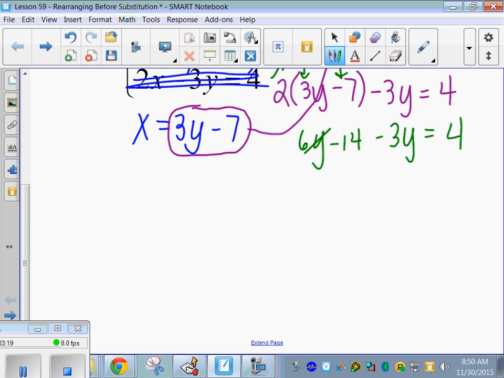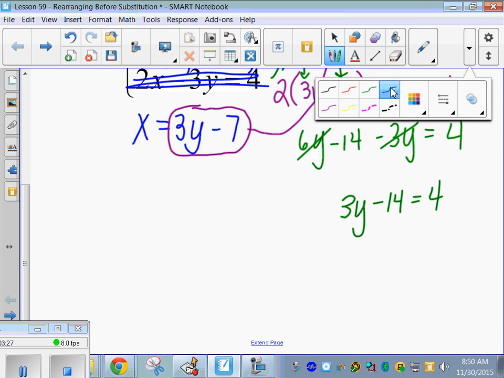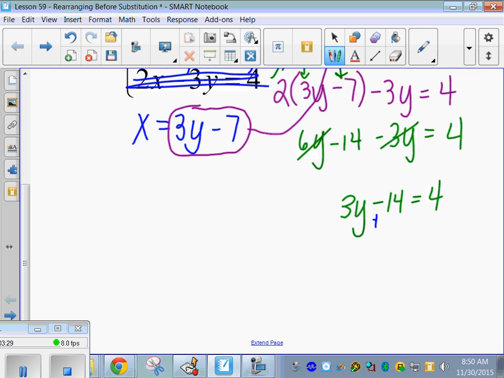Good. 6y minus 3y is 3y minus 14 equals 4. Then what's my next step? Now you add 14. Good. Okay, so 3y equals 18. And divide by 3.